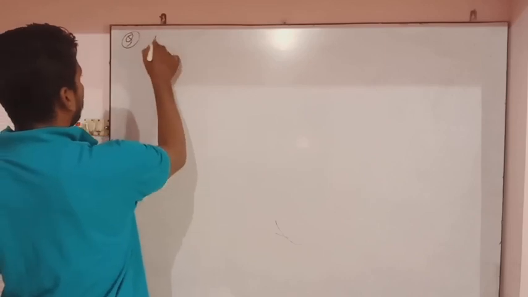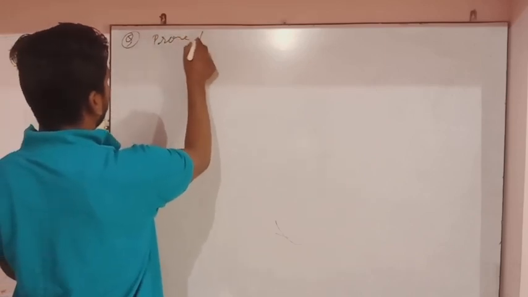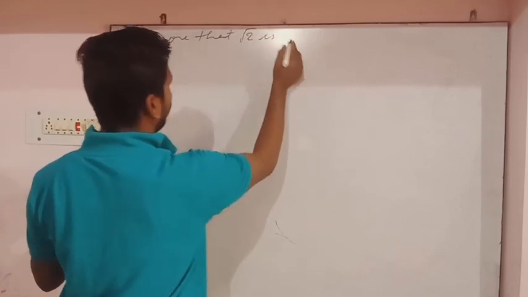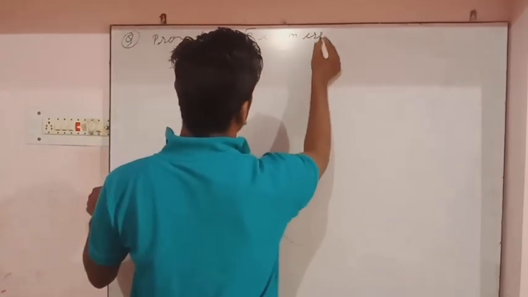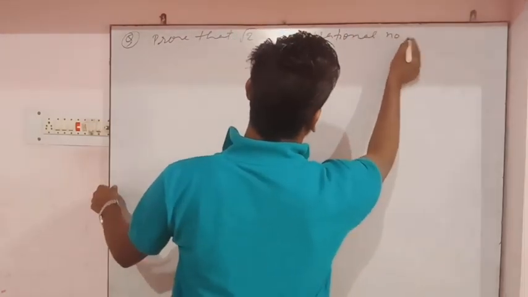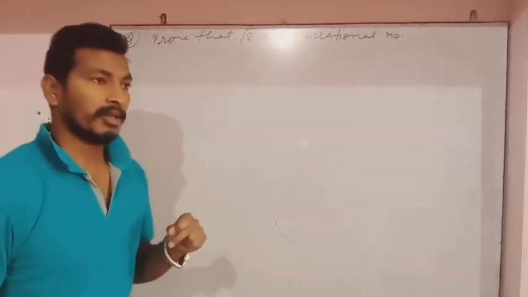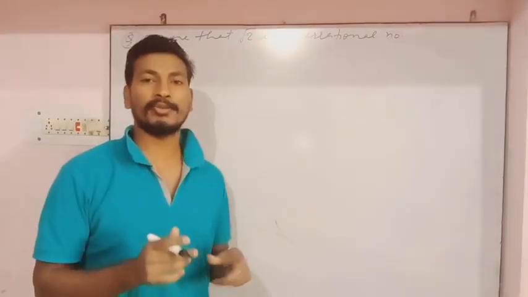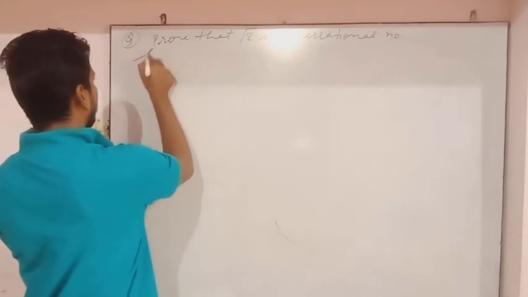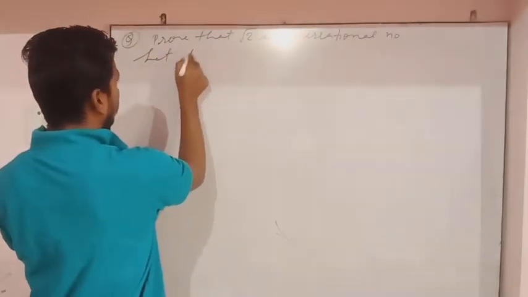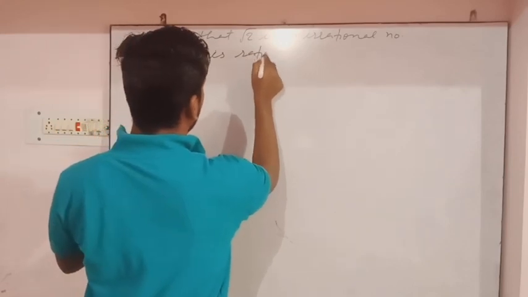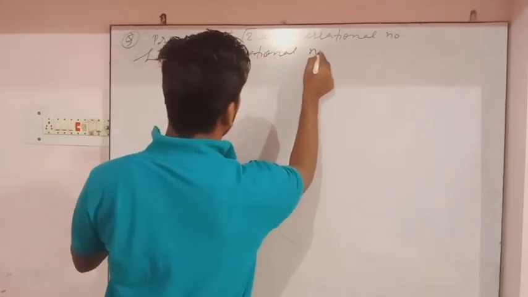So our question is, prove that root 2 is an irrational number. First, as I told you, we use the contradiction method for proving this. So we let root 2 be a rational number.